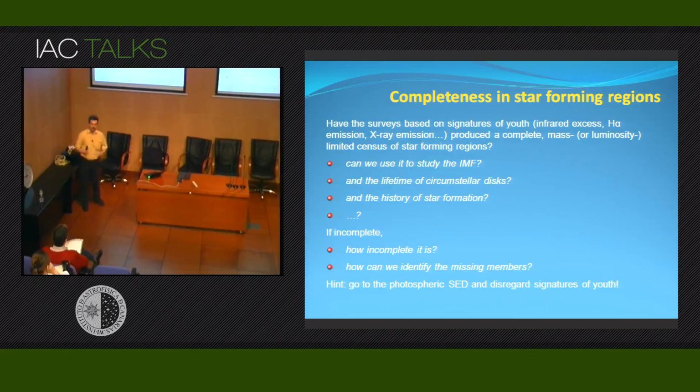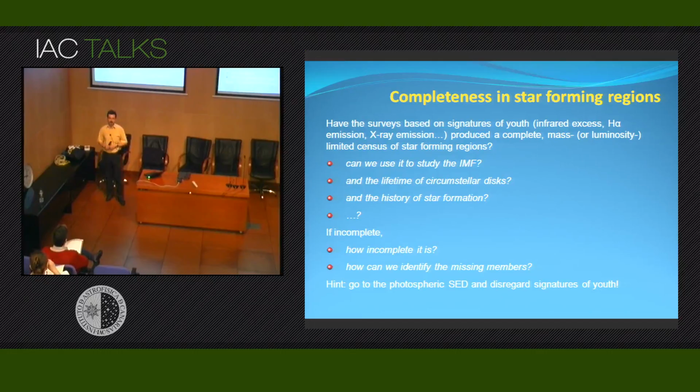The objects are interesting by themselves, but their collective properties are also quite relevant. Things that we try to address with these kinds of surveys have to do with the study of the initial mass function, a statistical, global property of the star-forming region, the lifetime of circumstellar disks, the history of star formation, and plenty of other properties that have to do with the global stellar population in general.